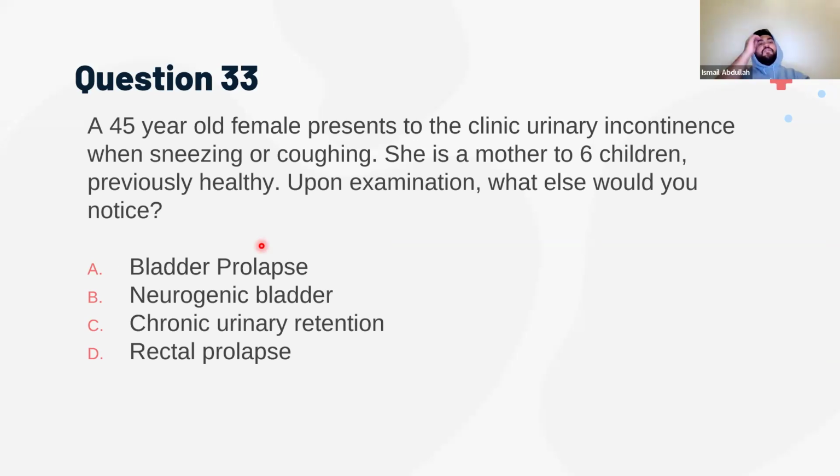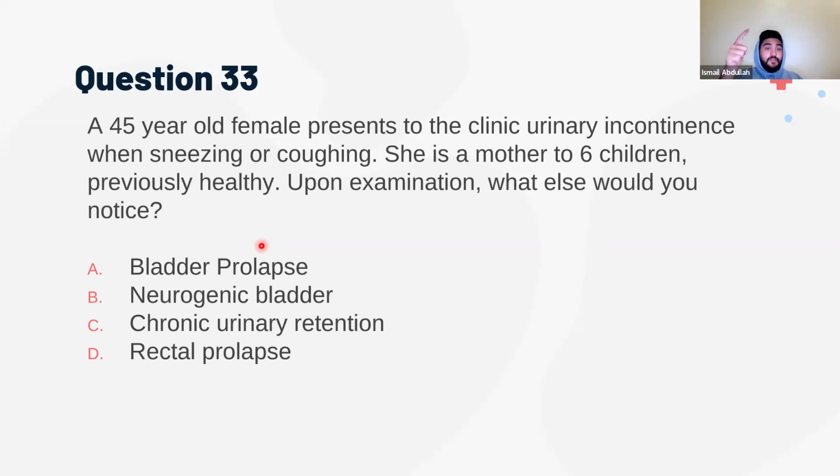So moving on, a 45-year-old female presents to clinic with urinary incontinence when sneezing or coughing. She is a mother of six children, previously healthy. Upon examination, what else would you notice? When you read this question, you have to keep in mind, first of all, it's a female.